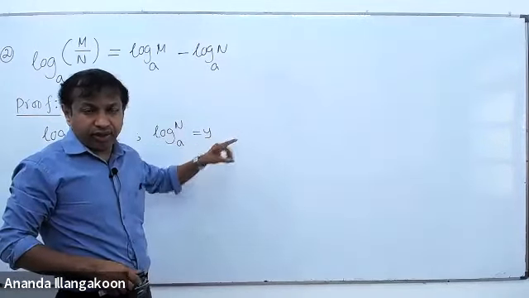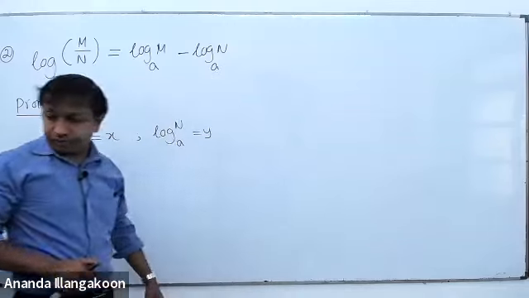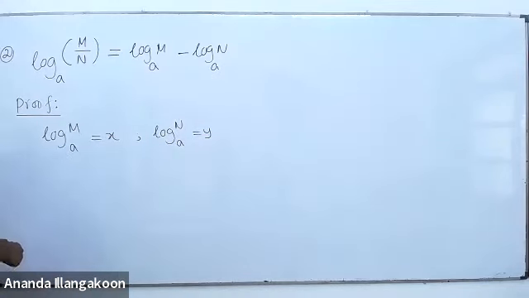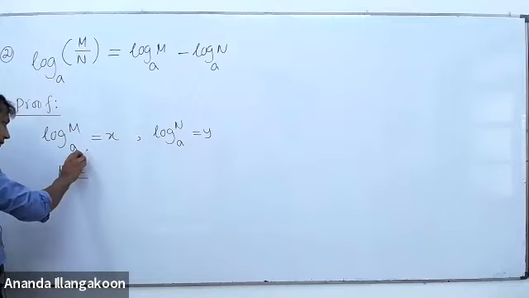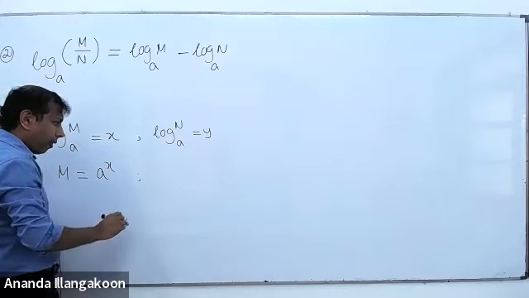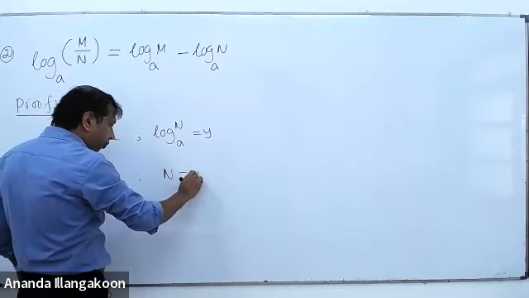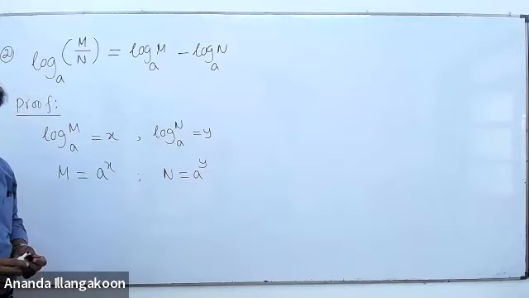That's the next line. Write down that, converting them to index form. Then what do you get? Here m equals a to the power x. Here n equals a to the power y. That also you can understand, no?